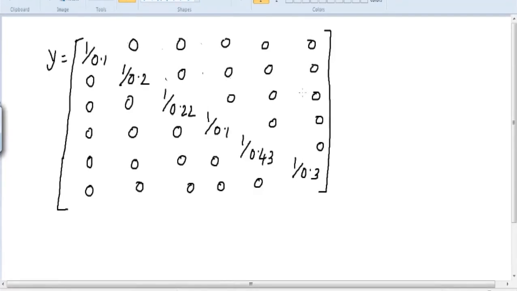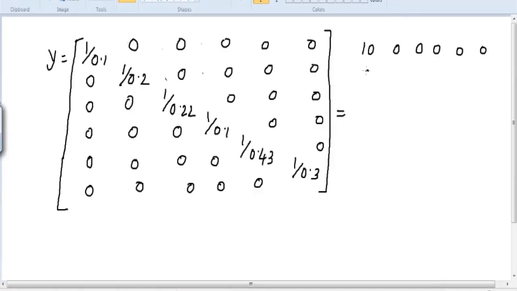Yes, quickly reply on the chat box. What will be 1 by 0.1? Yes, so the first value will be 10, 0, 0, 0, 0, 0.